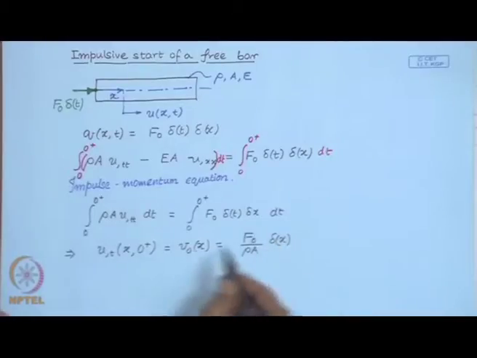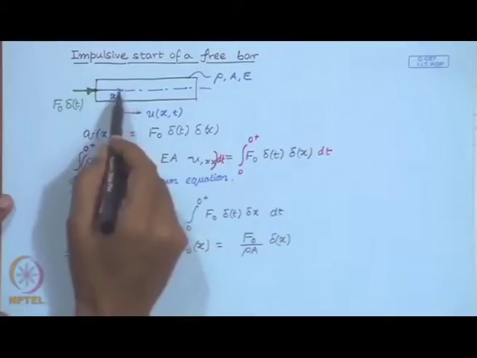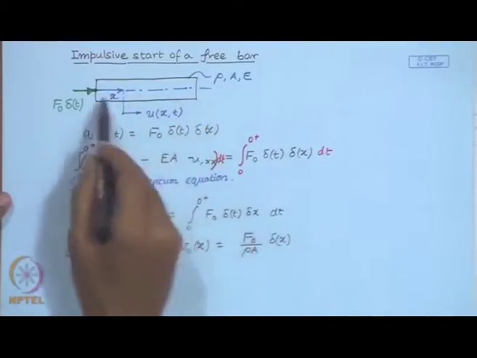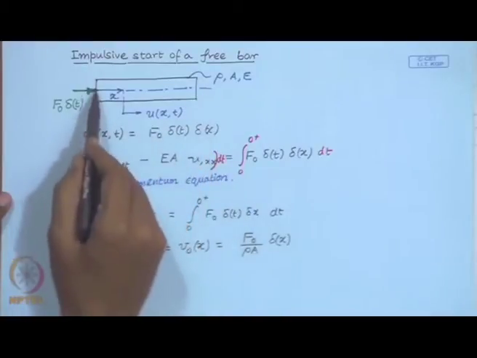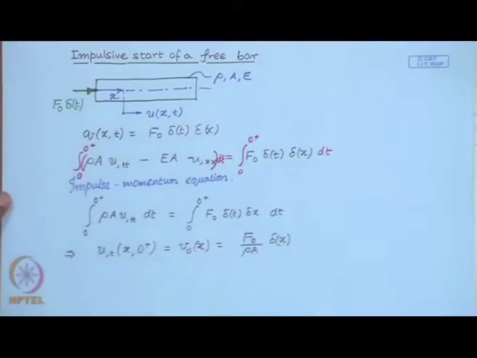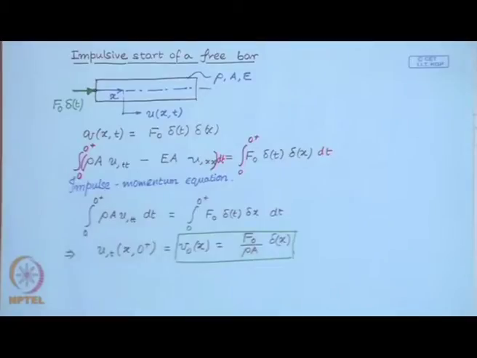What this means is that at almost all points of the bar the velocity is 0 except this layer at x equal to 0, which has a velocity F naught by rho A. So this gives us our initial condition on the bar.